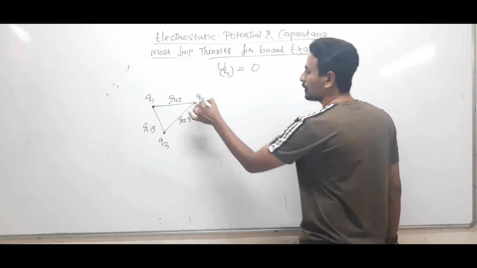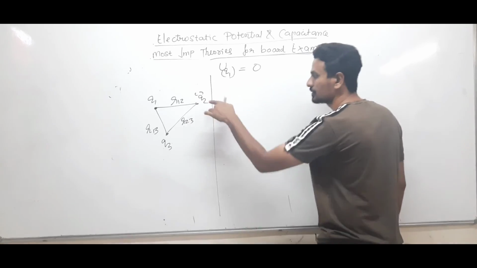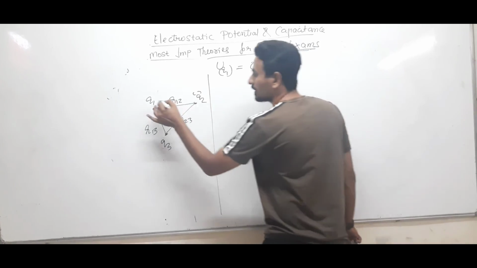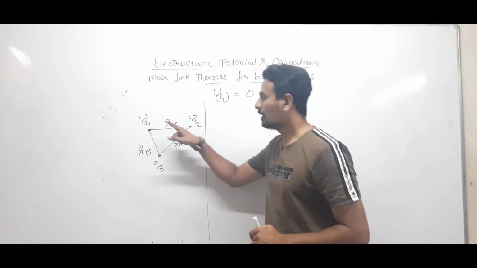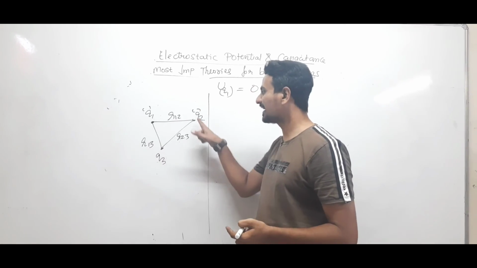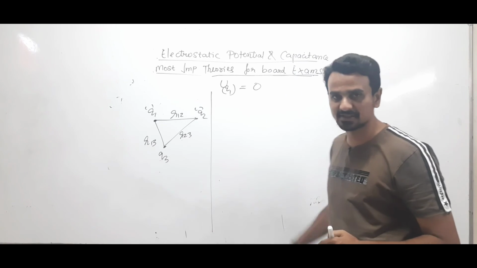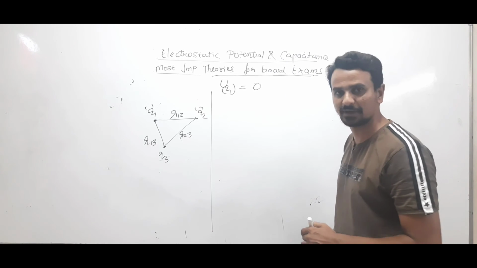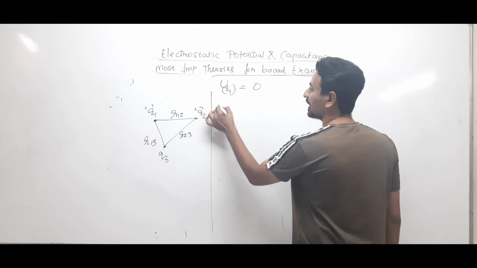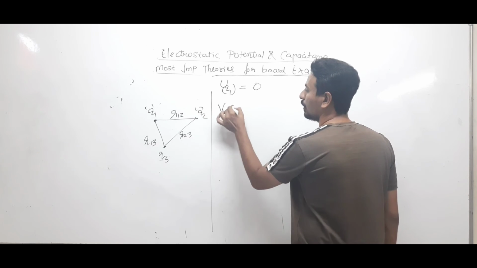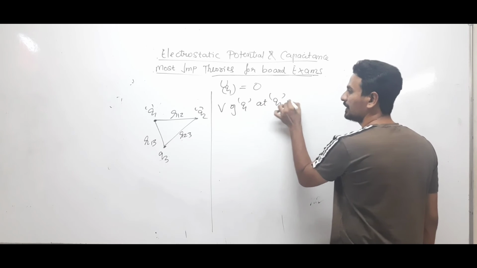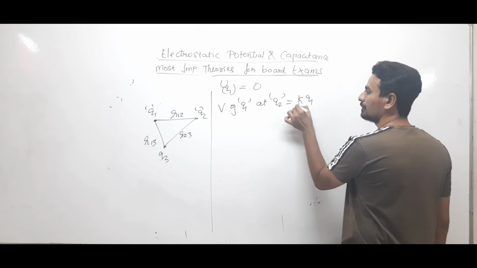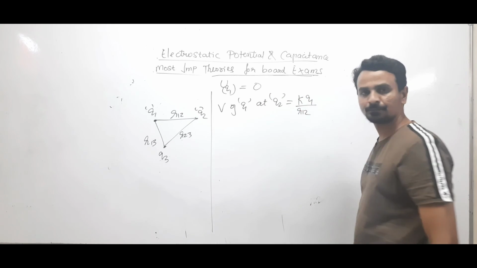When you are bringing another charge q2, the potential and the electric field of q1 will be there. So some work has to be done. This is what we have seen when only two charges were there. So the potential of q1 at q2 will be k q1 by r12.